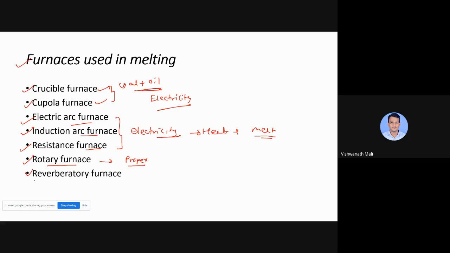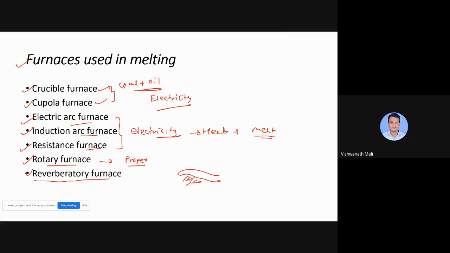And the last one is the reverberatory furnace. How does it work? We supply the flame. That flame will heat the roof, and that heated roof will reflect the heat, and that heat is used to heat our scrap, and it will get melted.